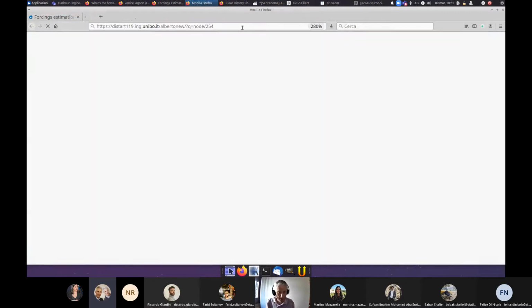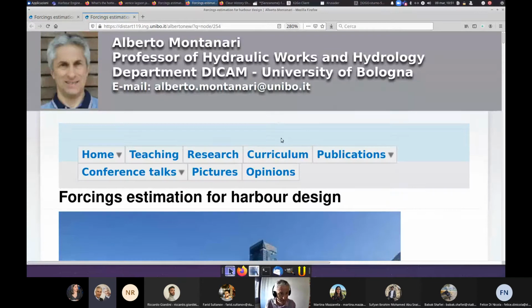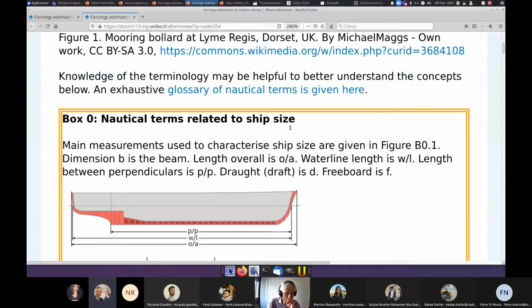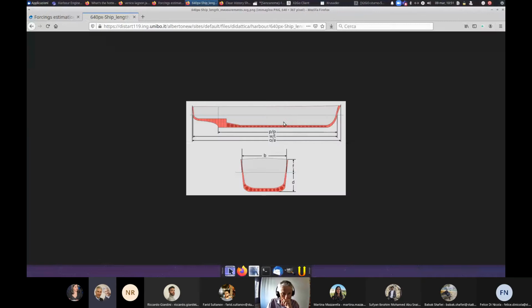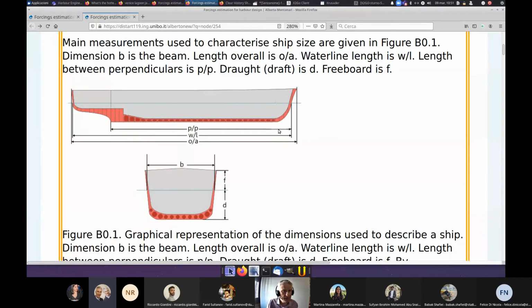or let me do like this. I open another window of the same page, and this is the figure that I wanted to show you. So basically, here you can see the length between perpendiculars, which, if I well remember, is OA. Let me just check, because I have a hole in my memory.